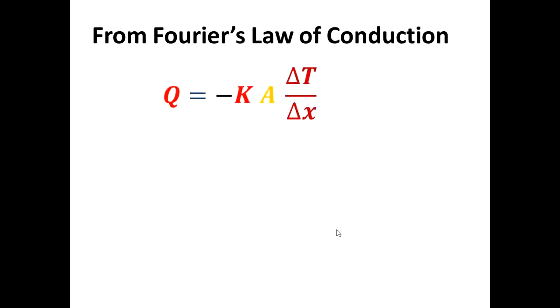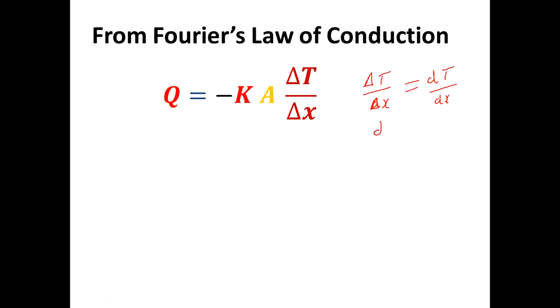Fourier law of conduction says the heat transfer is directly proportional to the temperature gradient. I can write delta T divided by delta X equal to dT divided by dx. Observe properly, don't get confused.